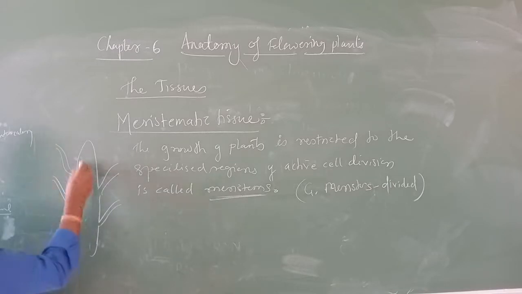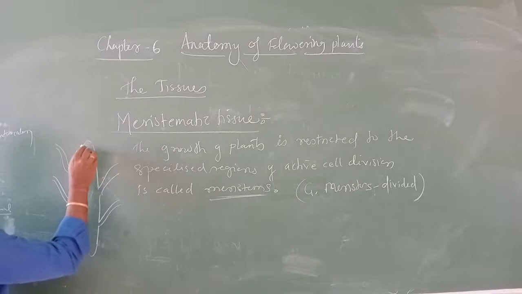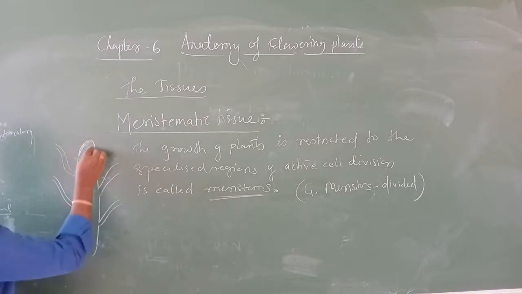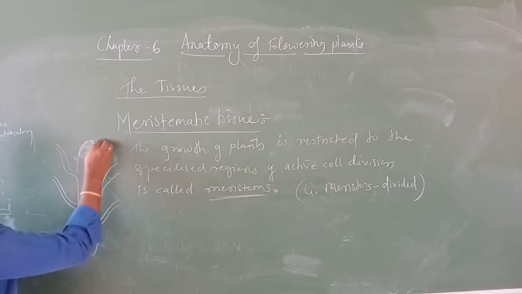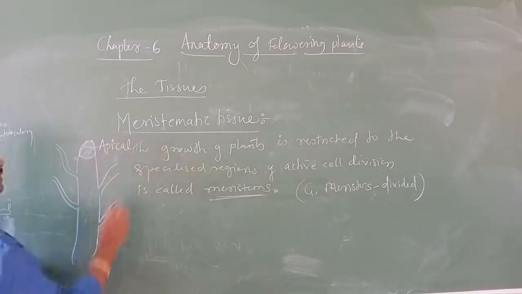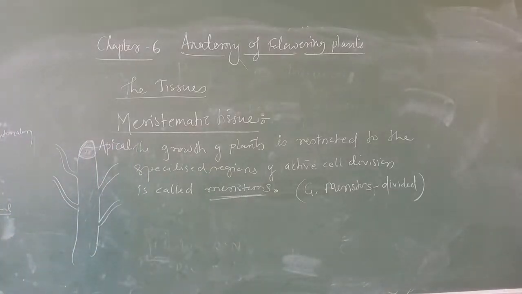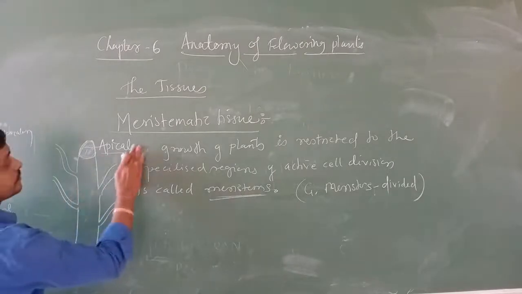So this is the structure. Here at the tip of the stem, we are going to get the first kind of meristem, that is the apical meristem.